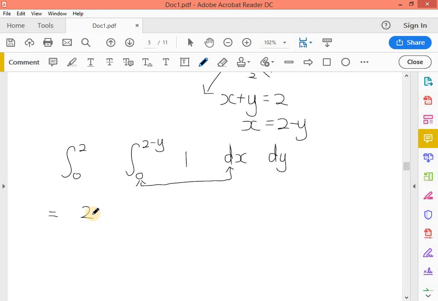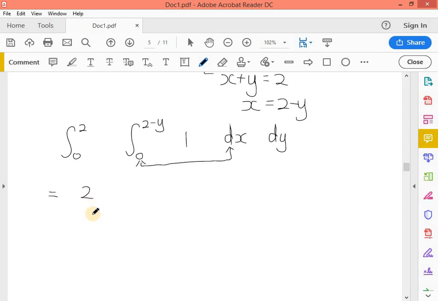Okay, now I want you to try example 2.3, page 52.